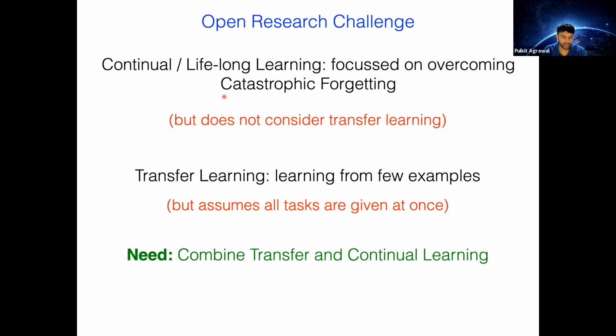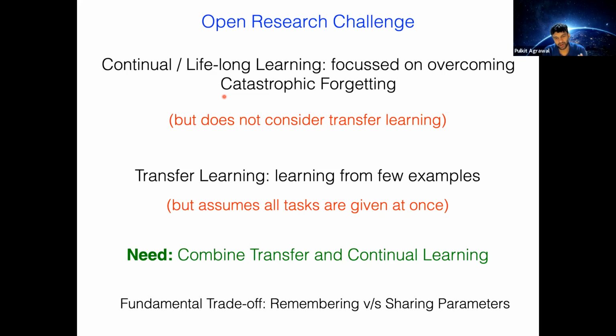So, ideally what you want is to be learning continually, but also be able to transfer. The reason this is hard is because there's a fundamental trade-off between remembering and sharing parameters. Right? For example, if I remember everything about task one, then I will not be able to change the parameters, because if I change the parameters, then I might forget something about task one.